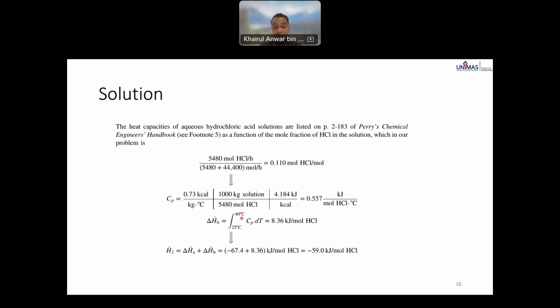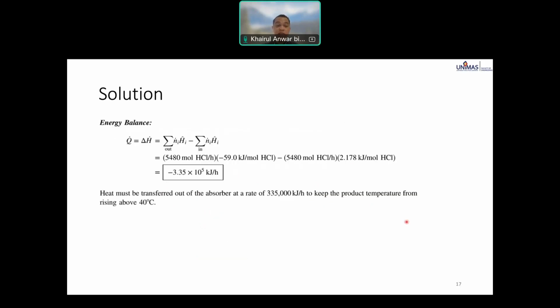So the first step in this calculation is to get the value of Cp. Once you get this value of Cp, then you can do the integration based on this Cp. So H2 is delta HA plus delta HB, equal to negative 59. So Q equals negative 3.35 times 10 to the power 5 kilojoule per hour.